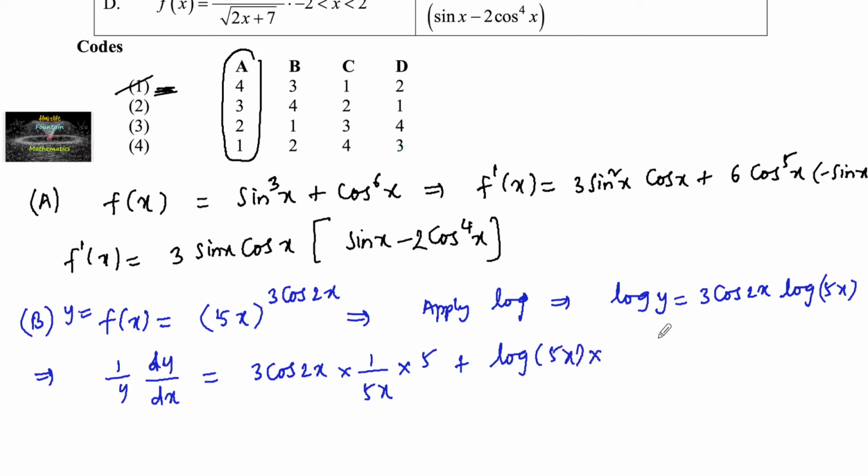into d by dx of 3 cos 2x. Let us write 3 here, and d by dx of cos 2x is minus sin 2x, minus sin 2x into d by dx of 2x, which is 2.